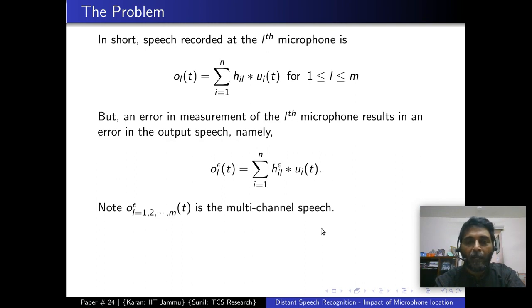For every microphone, you sum over all the room impulse responses associated with the speaker and that particular microphone. As we saw earlier, if there is an error in the microphone position, the room impulse response changes or is erroneous. As a result, the output also changes. So here O1, 2, 3, 4 to M is the multi-channel speech.